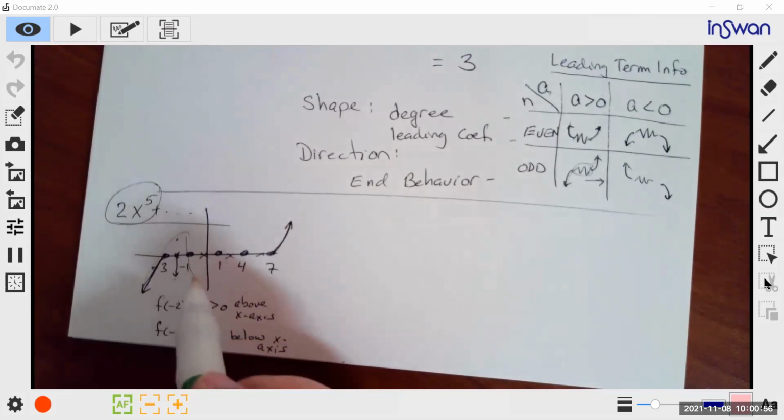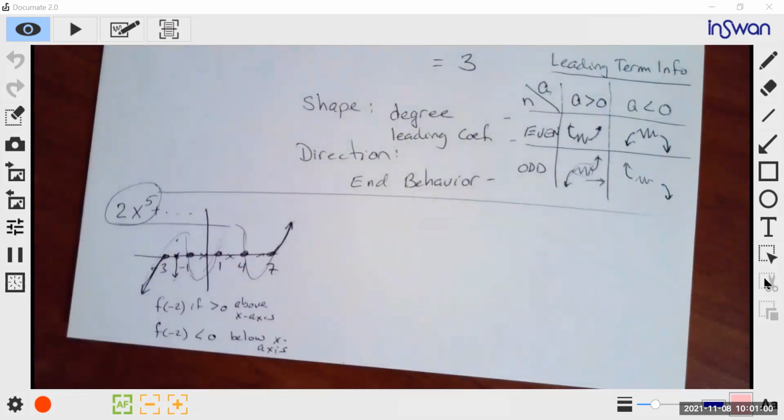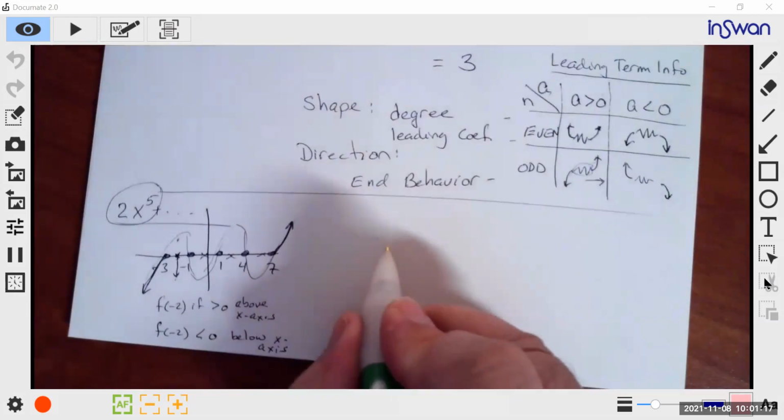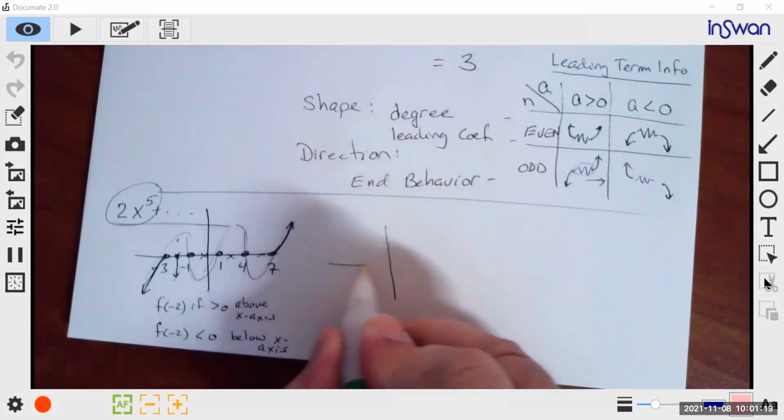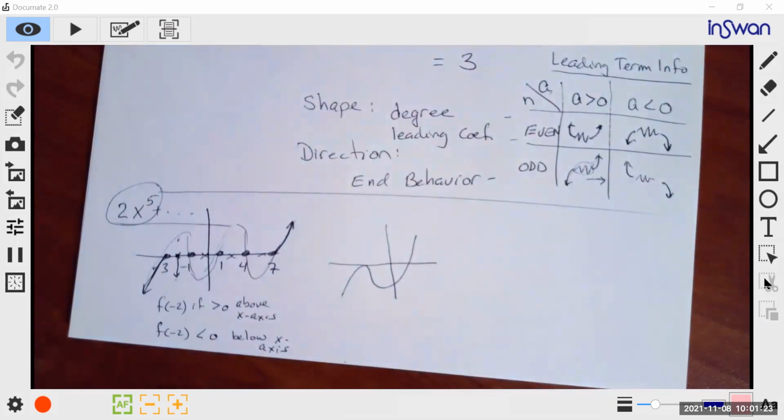So we're going to think something like this happens. When would it just touch the x-axis? We talked about that a couple weeks ago. What's the degree of this polynomial?